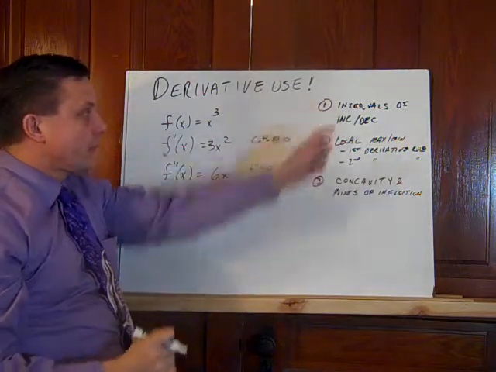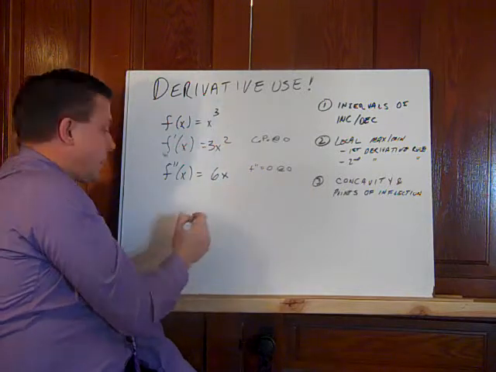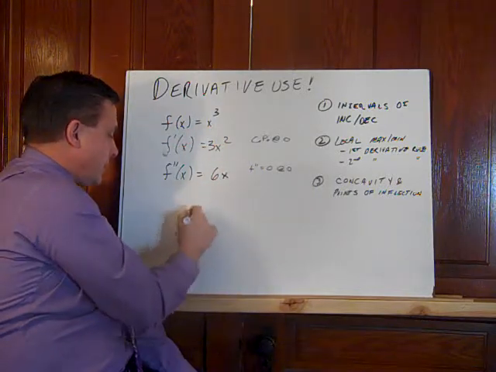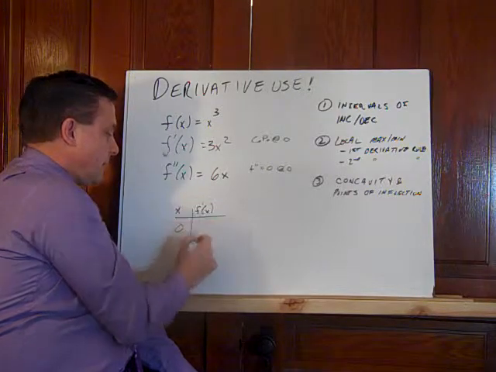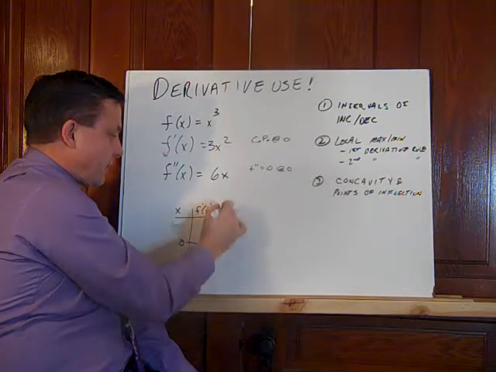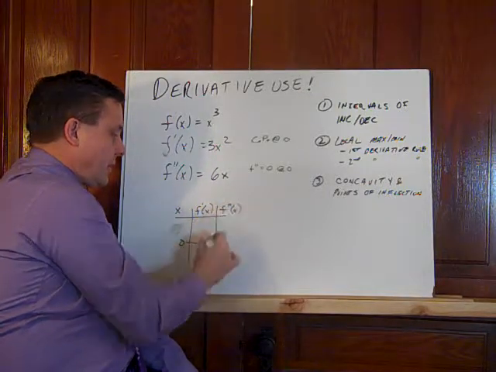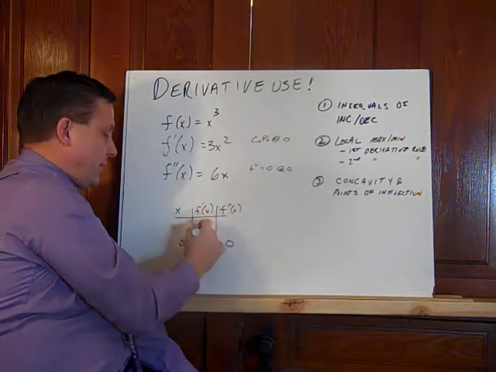So, intervals of increasing and decreasing. I look at the first derivative. I know 0 is a possible point. If I want, I can make a table, f prime of x. And at 0, I know it's 0. And at f prime prime of x, it is also 0. For the first derivative, if it's less than 0, it's positive.